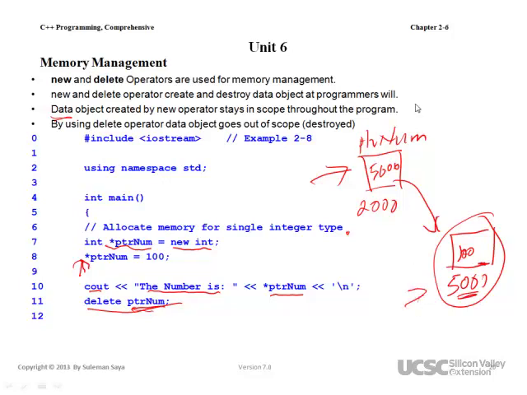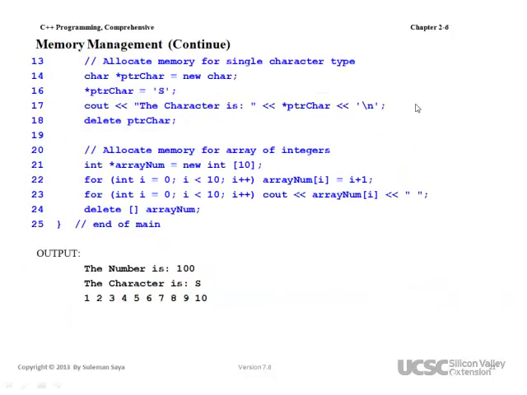So let's go to the next slide. In the next slide, basically I do the similar thing to what I did for the integer. In this slide, first of all, I am creating a pointer to a character that will be created on the stack.